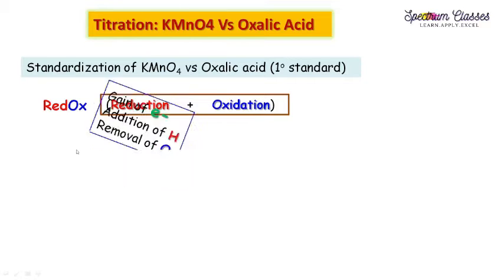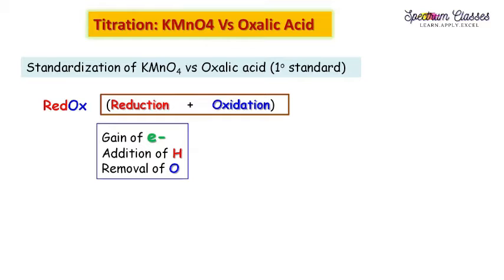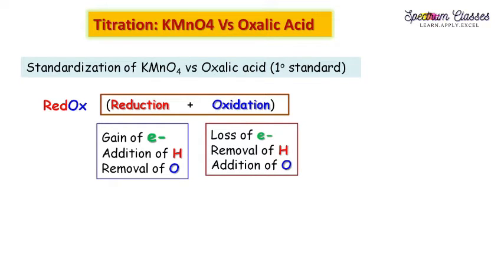First I will tell you what is called reduction. Gain of electron, addition of hydrogen, or removal of oxygen are the basic definition of reduction. At the same time, oxidation is just opposite to the reduction: loss of electron, removal of hydrogen, or addition of oxygen.